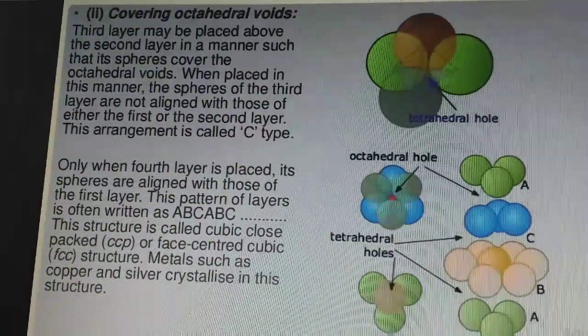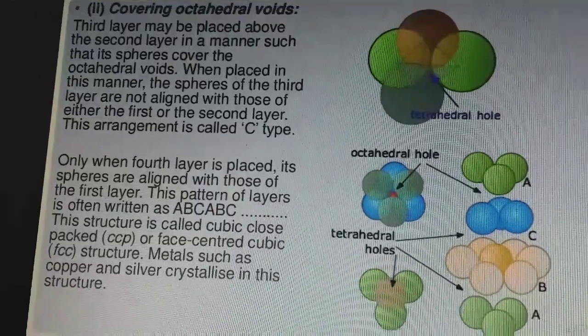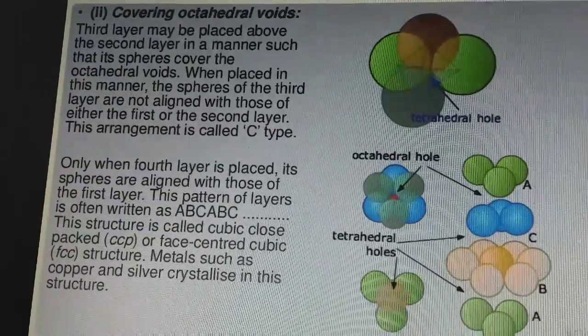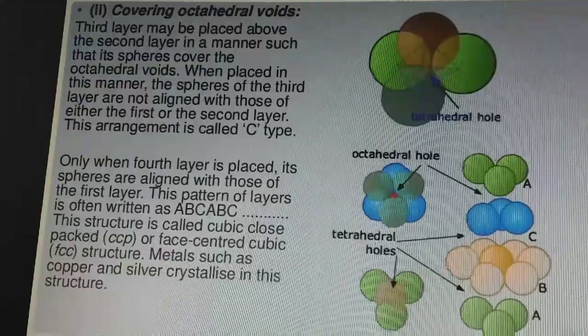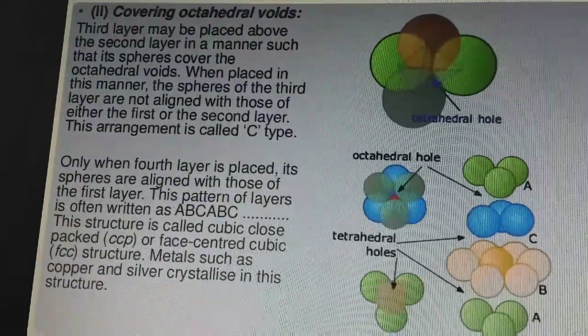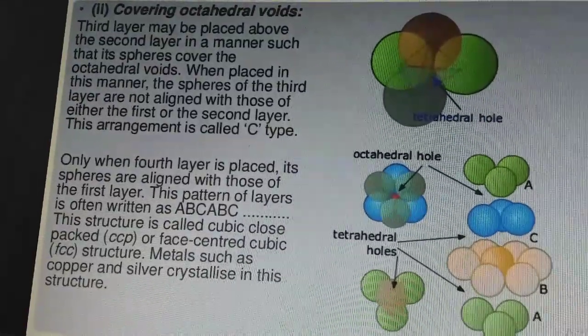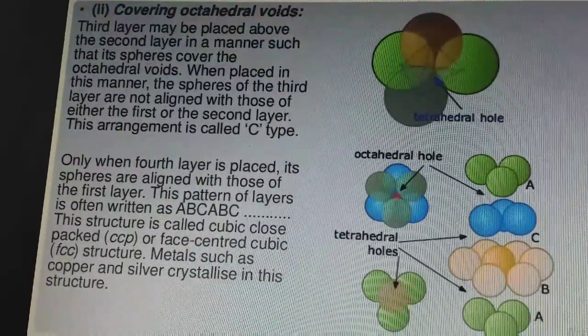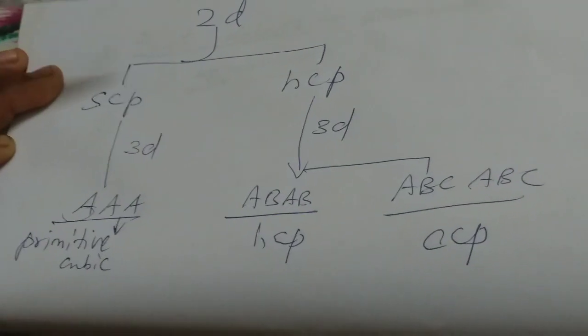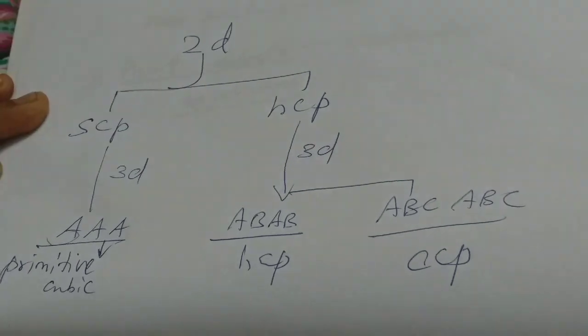Three-dimensional close packing from two-dimensional close packing: square close packing and hexagonal close packing. Square close packing of two dimension gives only AA type, and hexagonal close packing of two-dimensional structure gives two structures. One is HCP, another is CCP. Just I will show. Two-dimensional close packing, two are there. One is square close packing, another is hexagonal close packing.